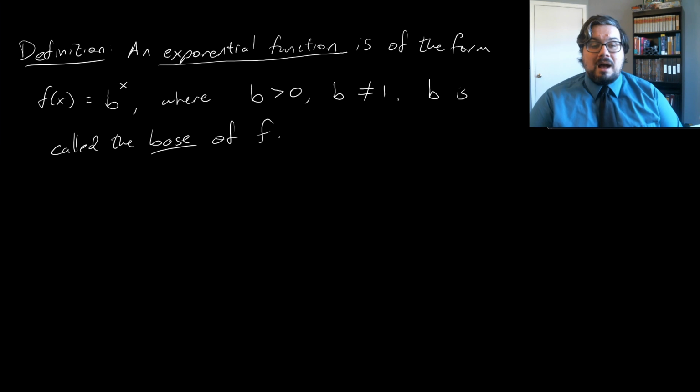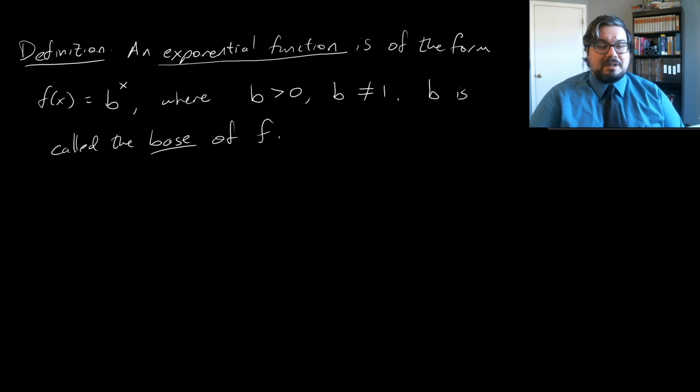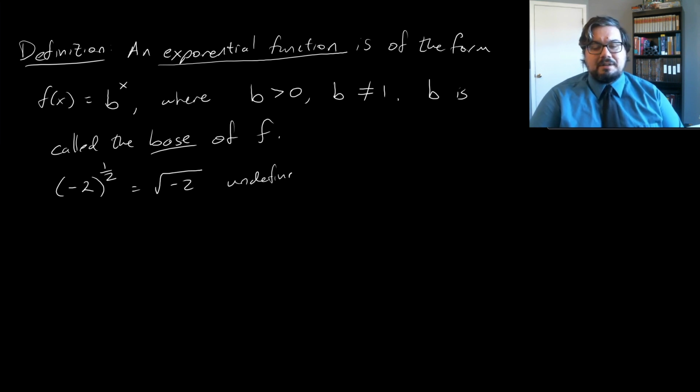The base has to be positive because if the base were negative, we could run into situations like trying to take negative 2 raised to the 1/2, which is the same as the square root of negative 2, which is undefined. And then on the other hand, if we had 1 as our base, and we took 1 raised to any x power, then we would just get 1 back.